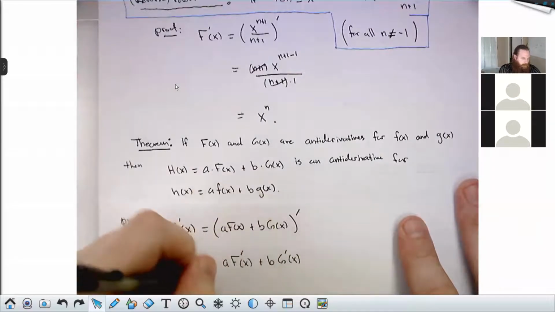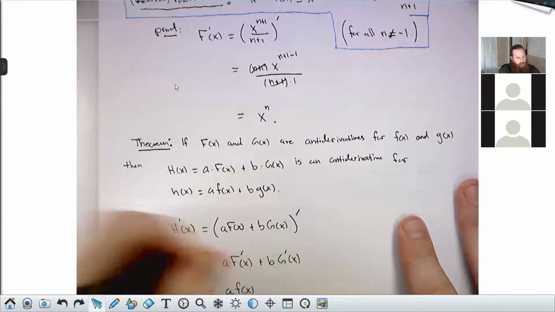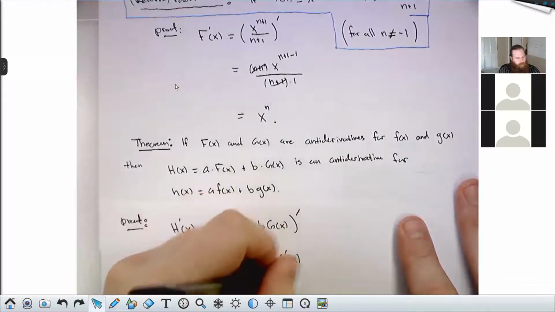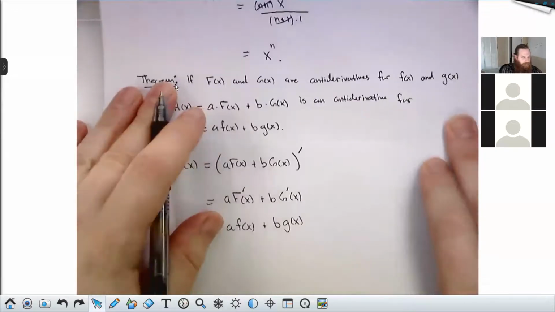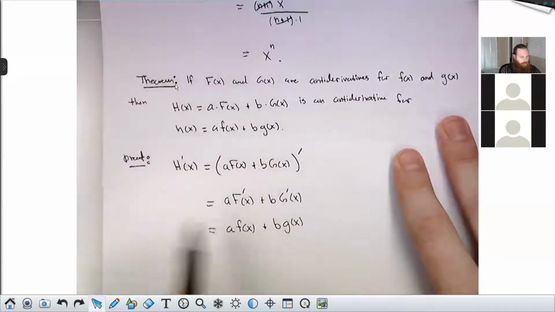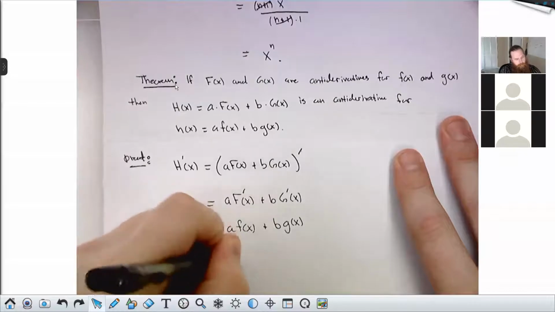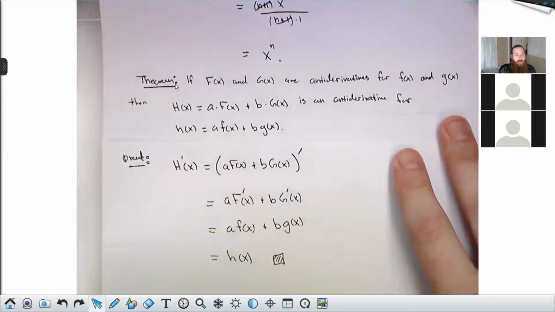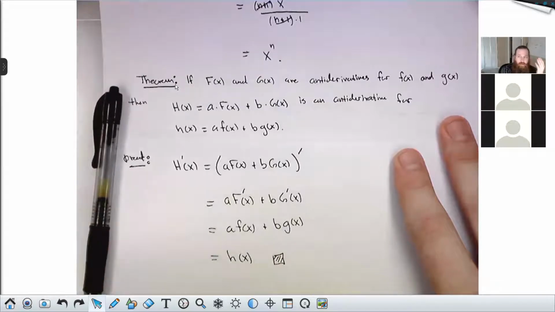But then a times capital F prime is a times little f, because capital F is an antiderivative for little f, and b times capital G prime is b times little g. And what is this? A times little f plus b times little g, that's little h. So again, the proof is very simple here. The basic idea is one that I think everybody would have guessed or even assumed they could use without me telling you: you can add and subtract and multiply by constants and everything works out great.